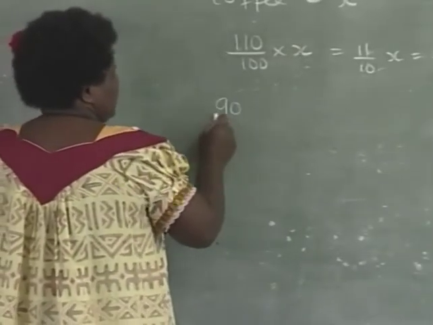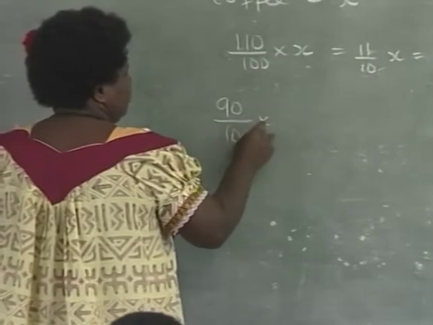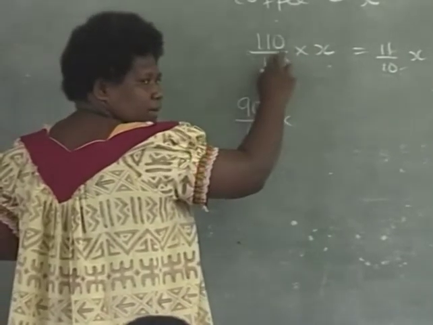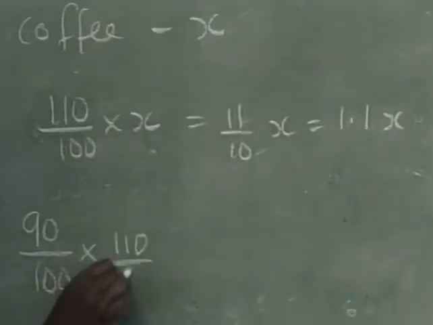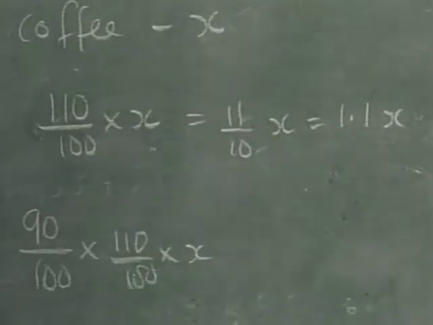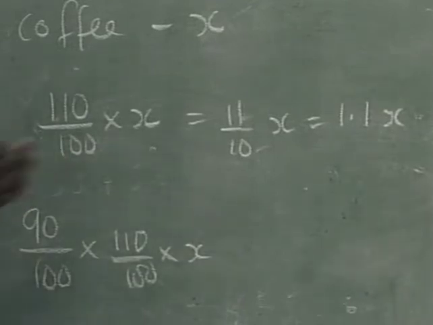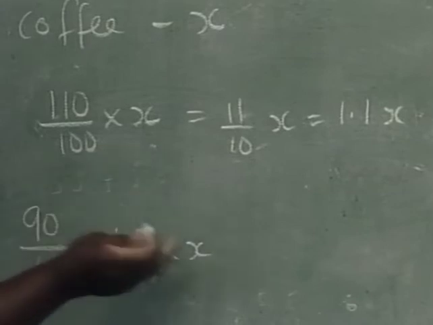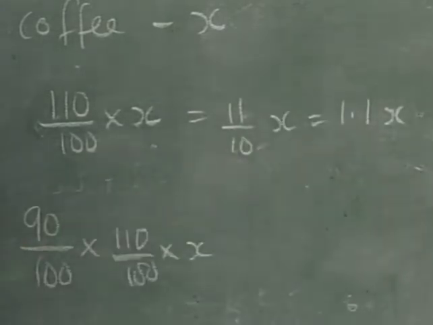So the price is now 90% of 110% of x. That is 90% of 1.1x. Clear? This is now the new price. That's what I've done here. I've decreased it by 10%.